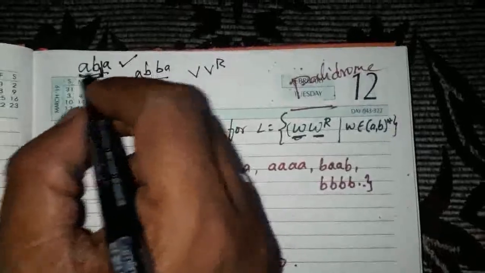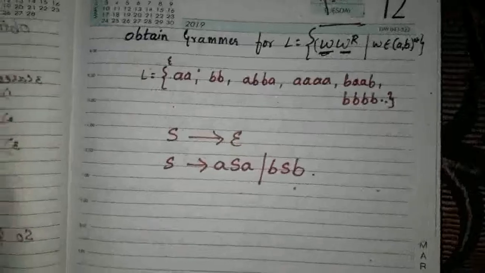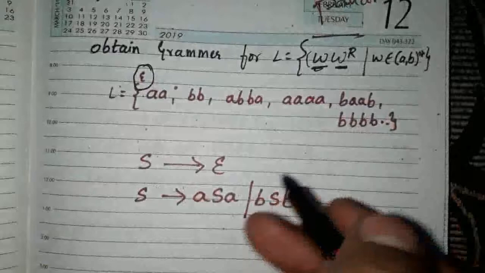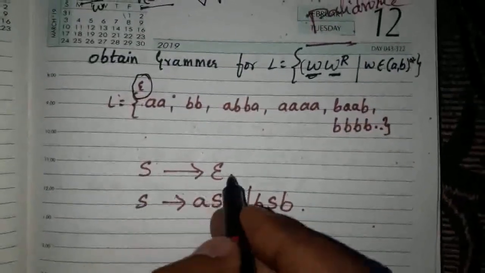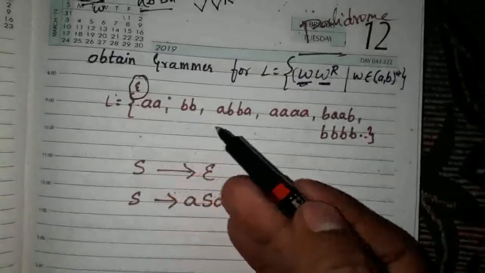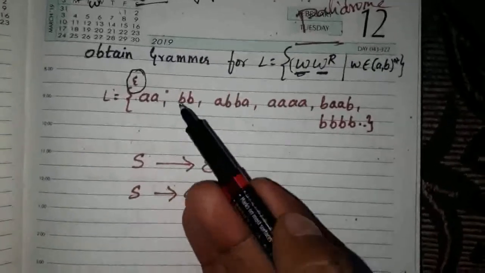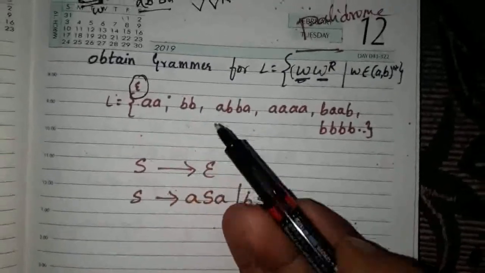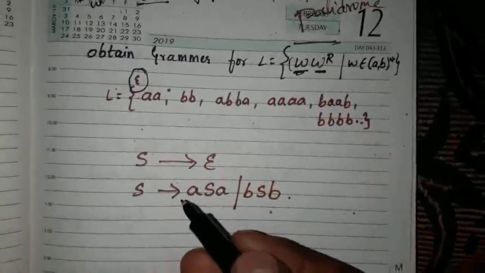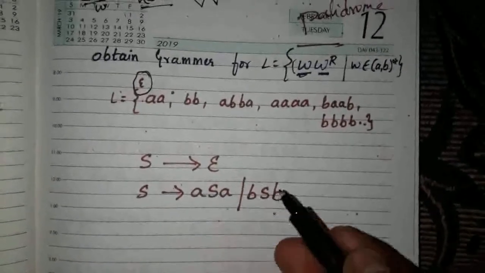You cannot have odd length here. It should be even length all the time. So the production will be, for the first one, epsilon: S tends to epsilon. Now see, all the other examples I have taken have even length only, wherein the string is starting with A, ending with A, starting with B, ending with B. So the next productions would be S tends to ASA or BSB.